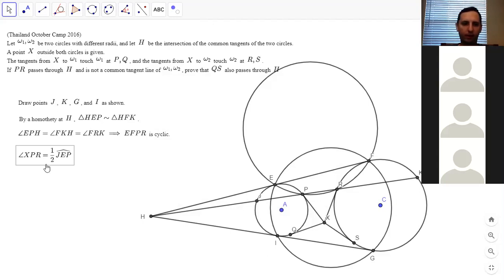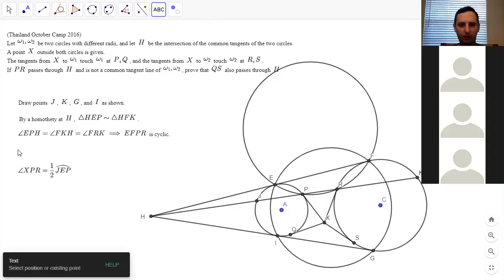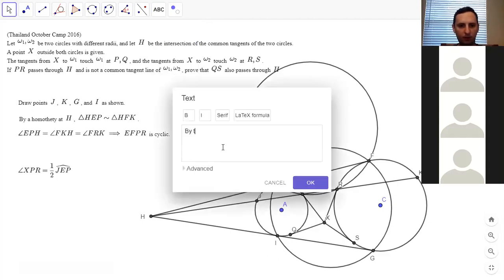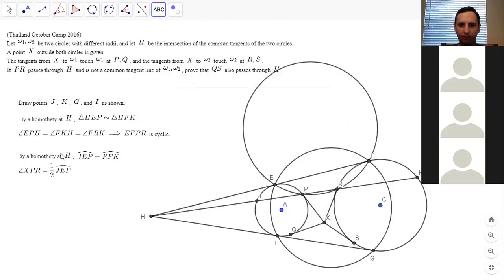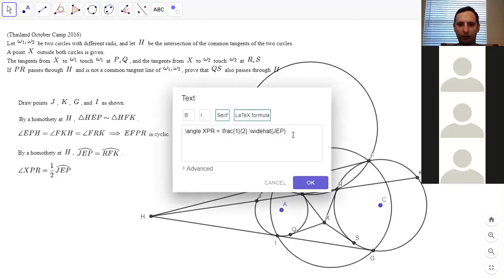So maybe I'll say by the homothety at H, arc JEP is equal to arc RFK. And so we have XPR is half of JEP, which is half of RFK.